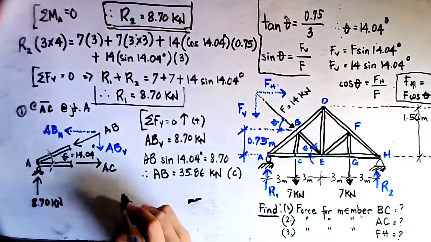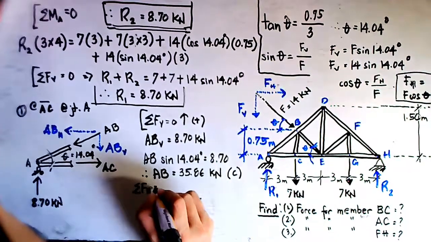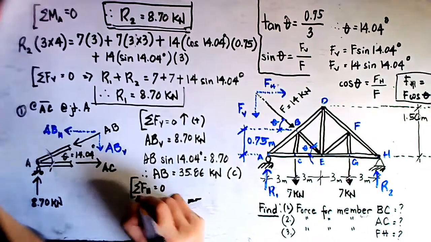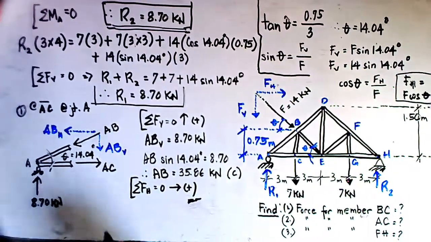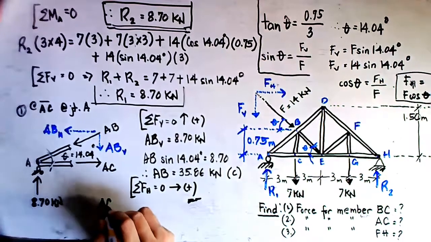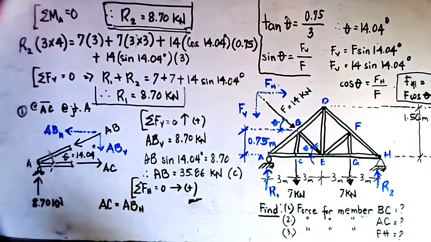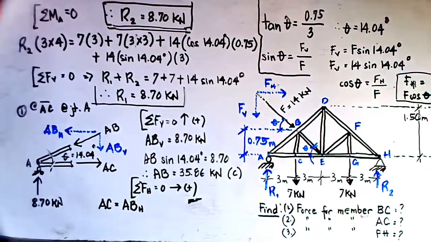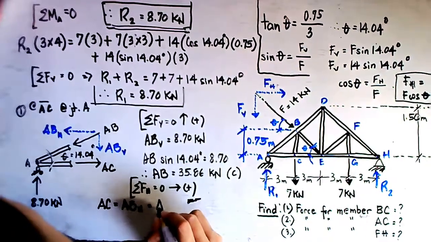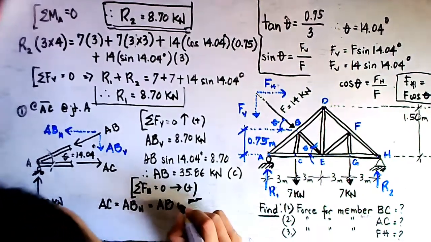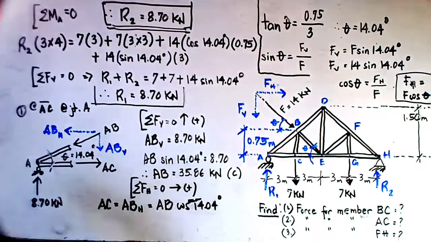Now next, you just take summation of force horizontal equals to 0, going to the right positive. So we will have AC equals AB horizontal component. And take note that AB horizontal component is simply equal to AB cosine of 14.04 degrees.